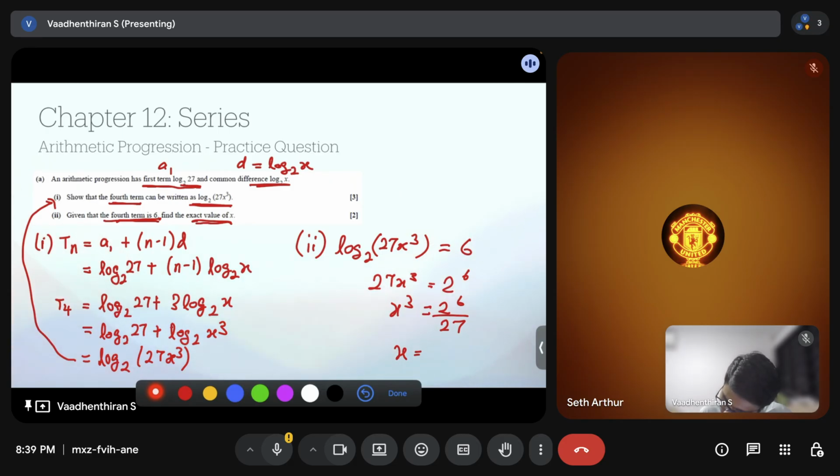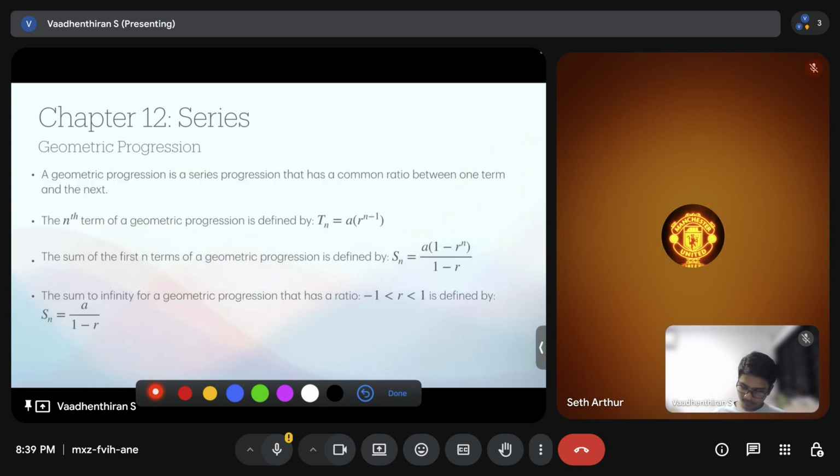And then when you cube root the answer, you will get 4 by 3. So that's your part 2. Do you understand? Yeah. Okay. Shall we move on to geometric progression?